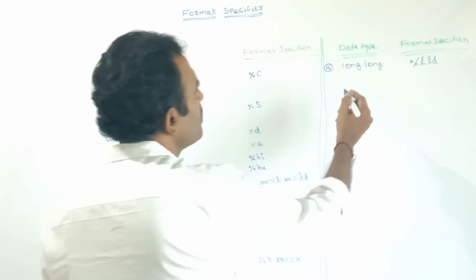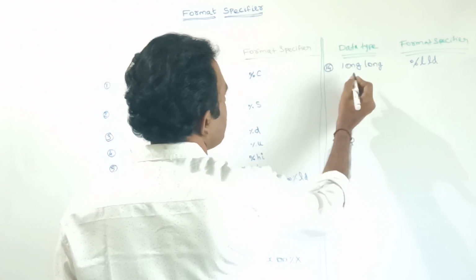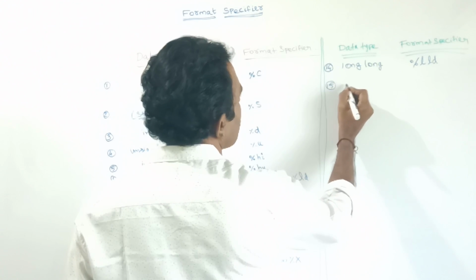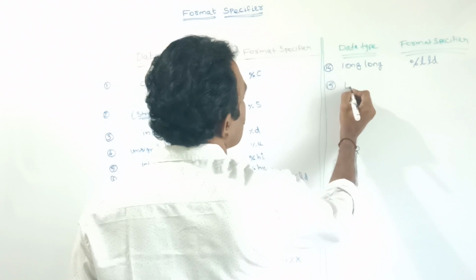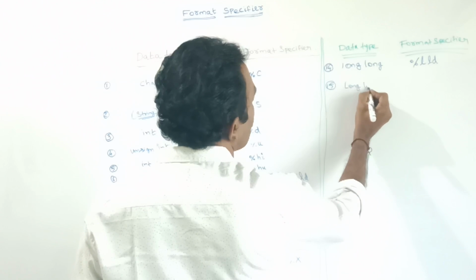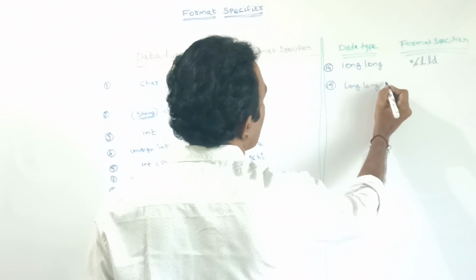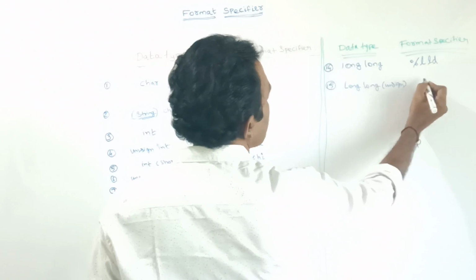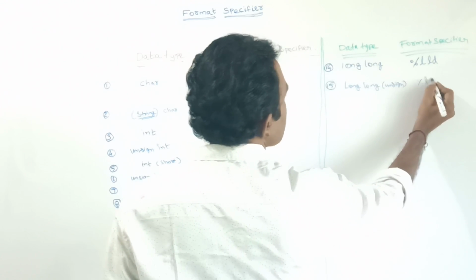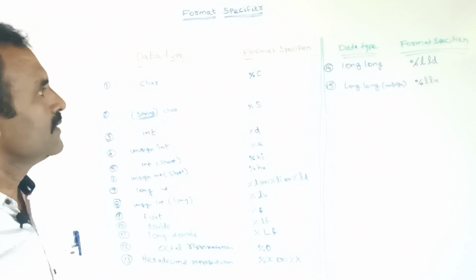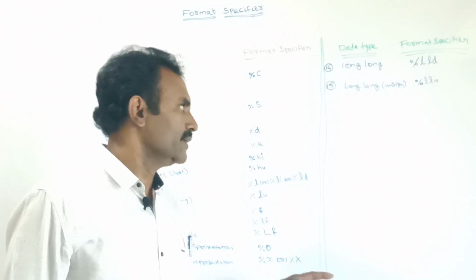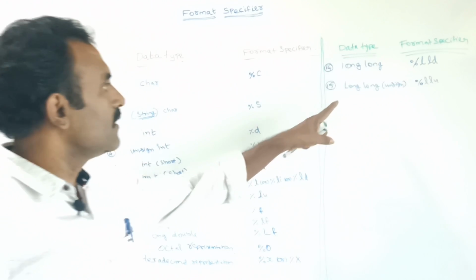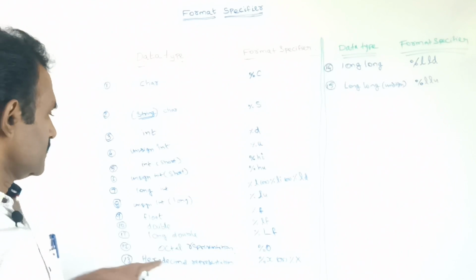This is for signed long integers. Next one, for unsigned we can specify %llu. See, the difference is the range value only. We can store more values in long integers.